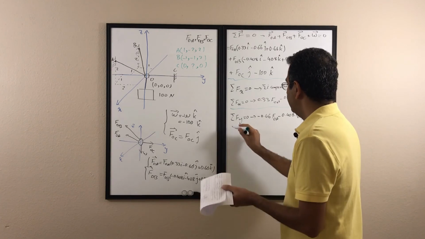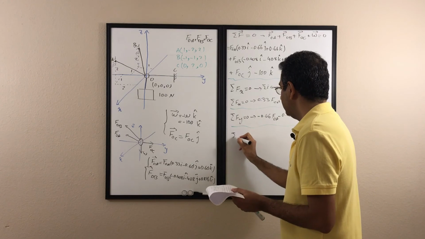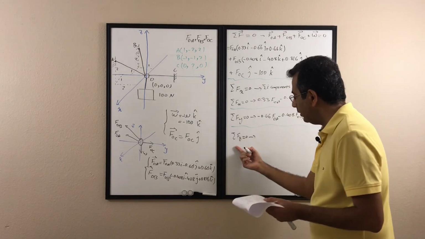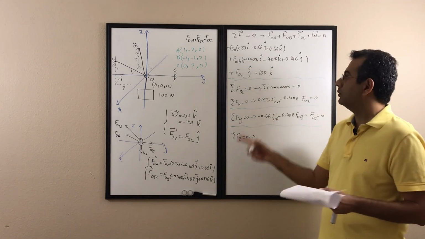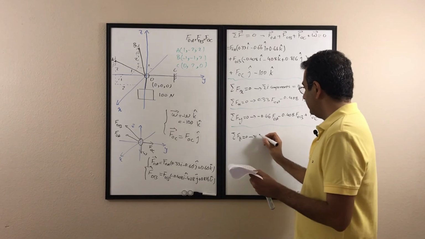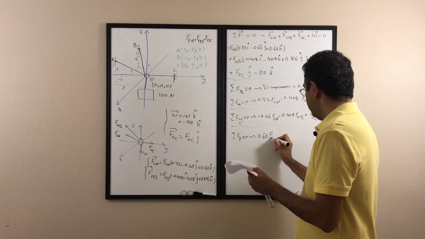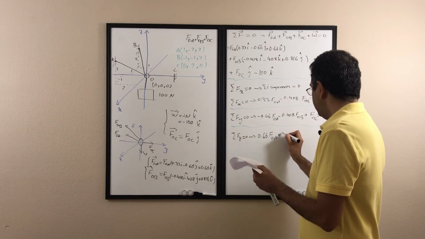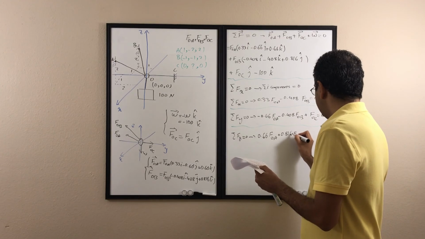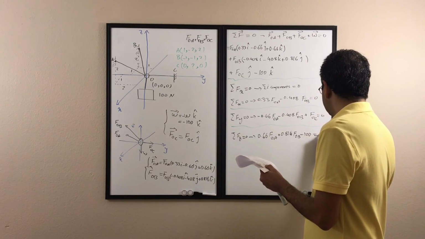And the same if I write sigma Fz equal to 0. I add all the K components together, and it gives me 0.66 FOA plus 0.816 FOB minus 100 is equal to 0.